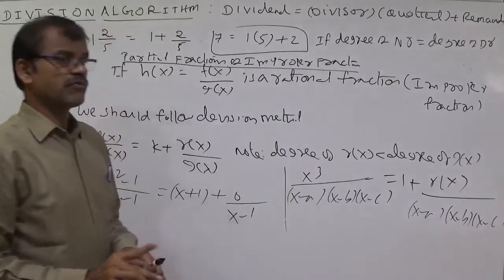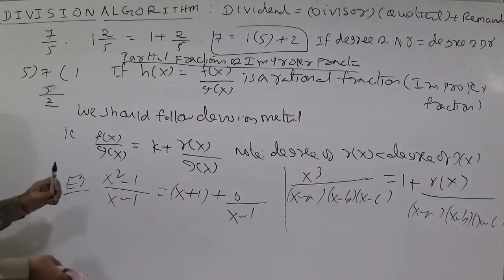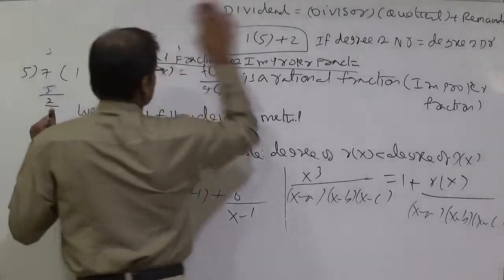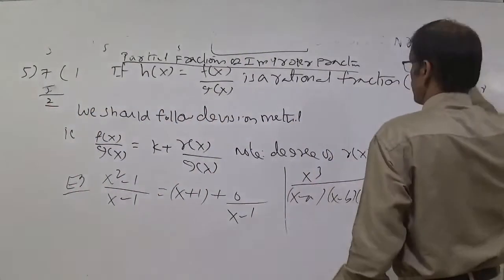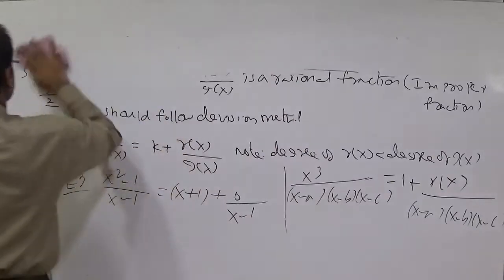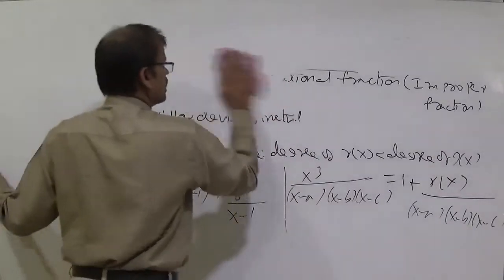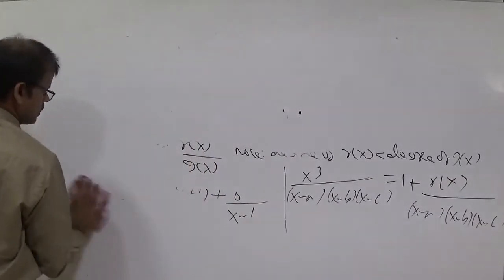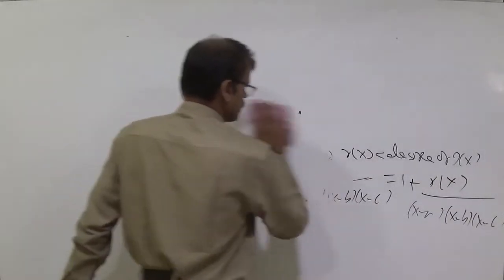For improper fraction, whenever degree of numerator equal to degree of denominator, this is case 1. Next, second case, I want to discuss with you partial fractions of improper fractions whenever degree of numerator is greater than the degree of denominator. Absolutely 100% we should follow the division method.